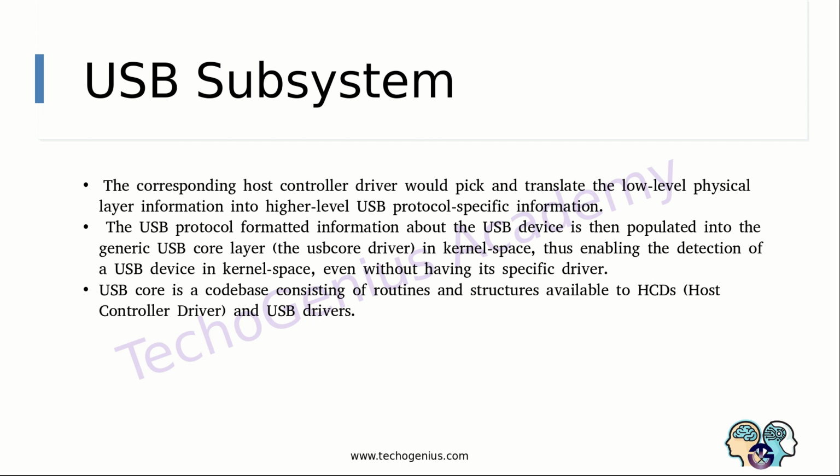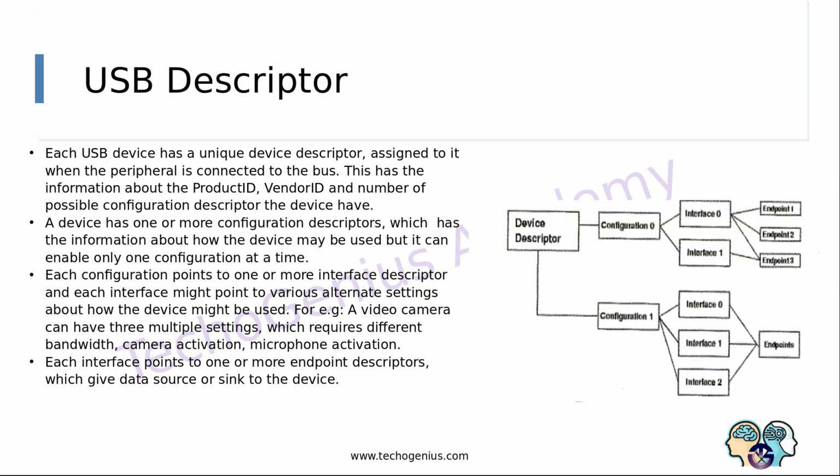So we will look into the routine and the structure which is available in the USB.h header file, and we will go further into that and write the code. The other main thing we need to concentrate on is the USB descriptor.